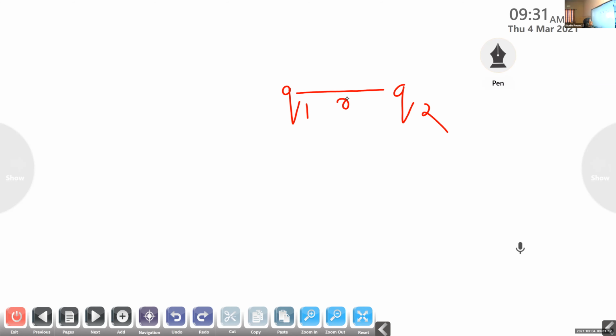Now imagine we consider the same charges Q1 and Q2, separated by a distance R, but between these two charges a material medium is present.